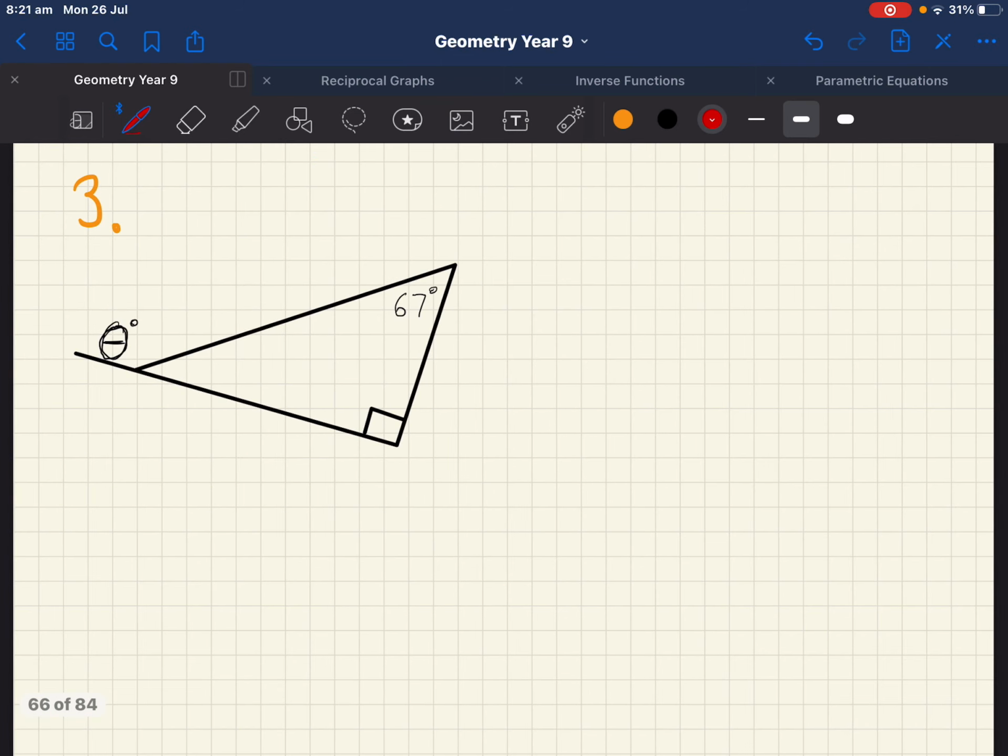Let's look at this one. So let's use our shortcut method. We want to find this exterior angle. Don't worry about finding this angle here, and then using a straight angle. Instead, we're going to go straight to the answer.